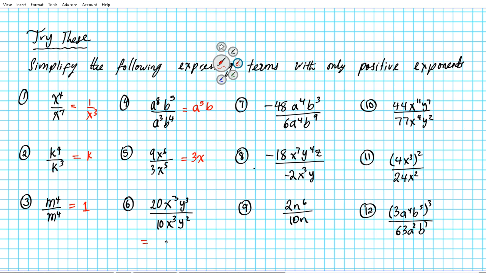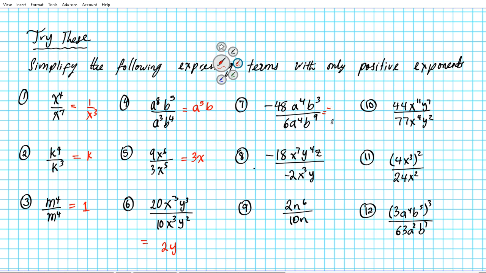For number 6, the answer is 2y to the first power, just 2y. And then for number 7, the answer is negative 8b. Let's rewrite this.